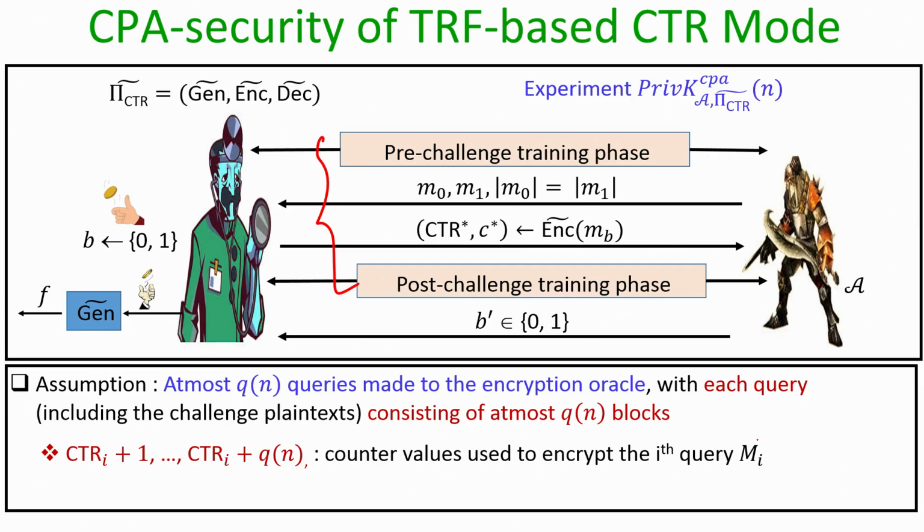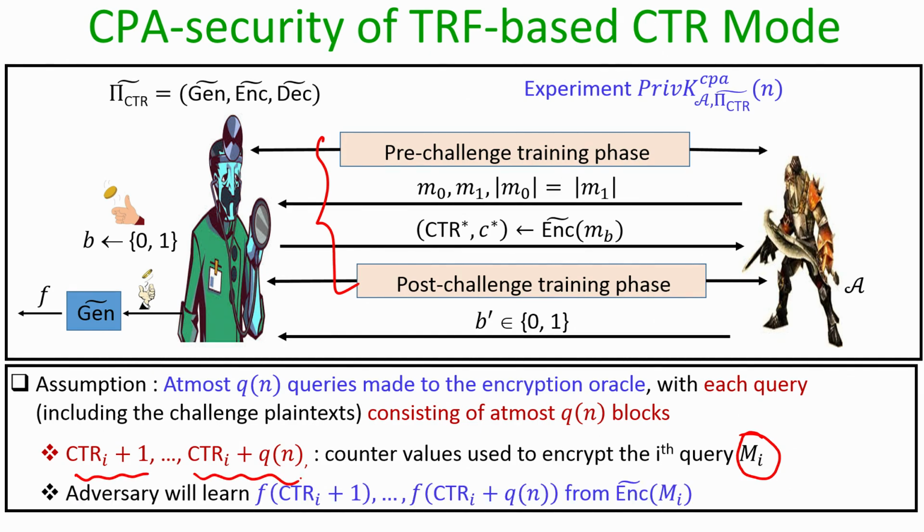I denote the ith query for which the adversary has asked the encryption oracle service to be big M_i, and since big M_i consists of Q(n) blocks, to answer the encryption oracle query the challenger needs to pick Q(n) counter values. I denote those counter values as counter_i + 1, counter_i + 2, up to counter_i + Q(n), and so on.